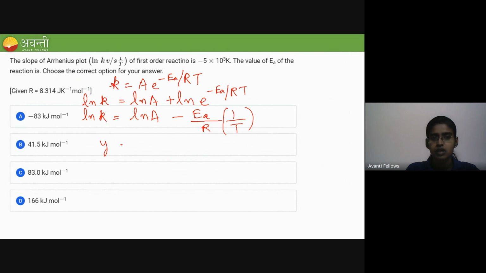Because it is the formula y = mx + c, here m is the slope and the slope is equal to -Ea/R.